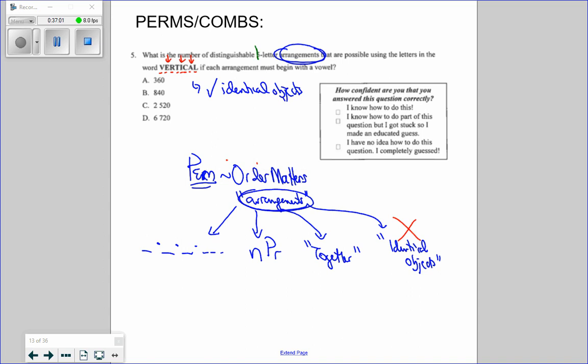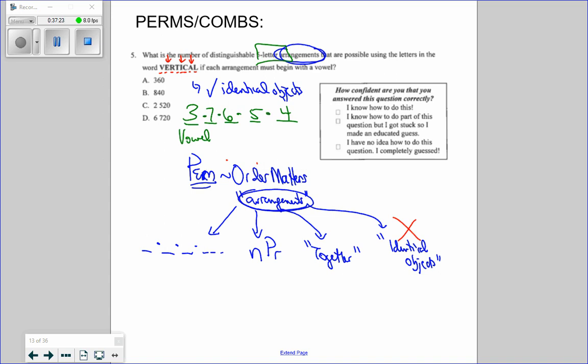Okay, so instead of having 8 blanks, how many should you have? 5 blanks. It still has to start with a vowel. You've still got 7 letters left. So 7, 6, 5, 4. You just don't have the 3, 2, 1.